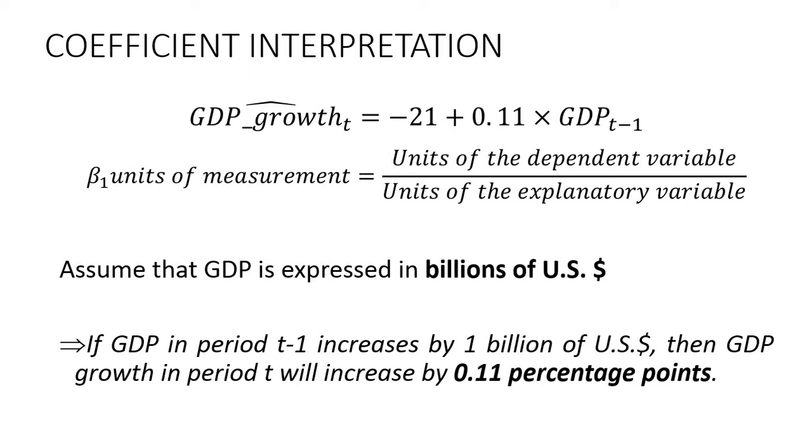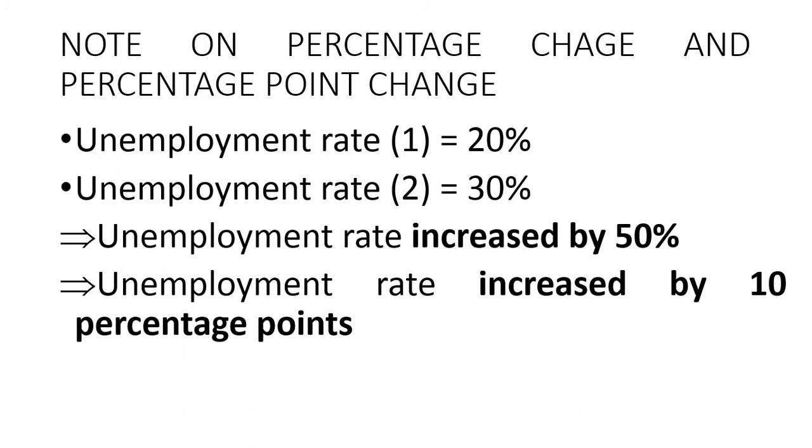Please pay attention to the fact I said percentage points, not percent, and I will try to explain the difference. Imagine that in the first period unemployment rate is equal to 20%. And in the second period, unemployment rate is equal to 30%. Unemployment rate increased by 50%, by half of its initial value.